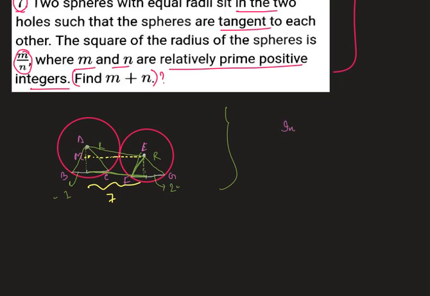Therefore in the triangle ABC, there are two right angled triangles.